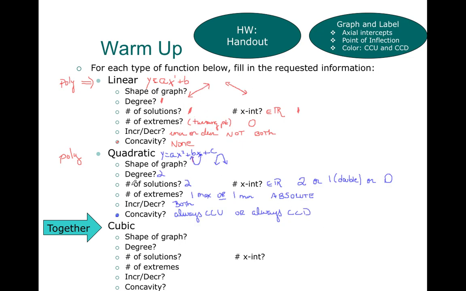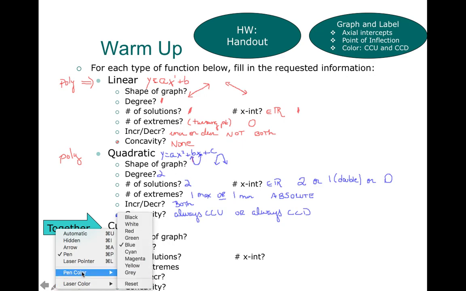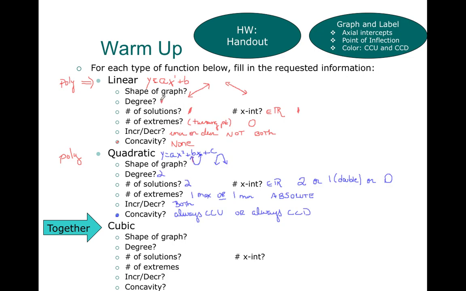Now, I want you to compare some things here. A first-degree polynomial has one solution and one x-intercept because this solution is real. A degree 2 has two solutions and at most two x-intercepts.